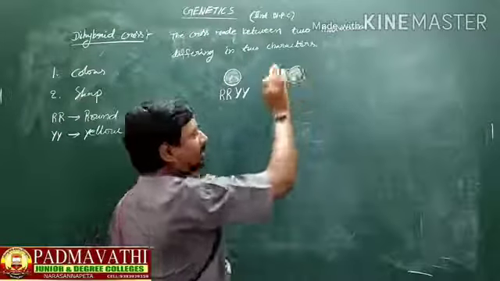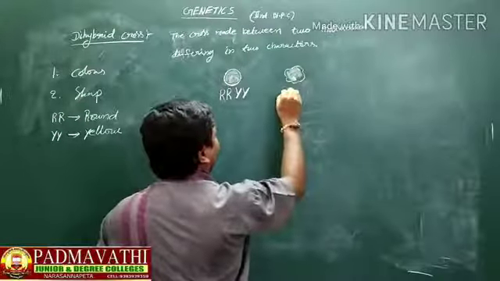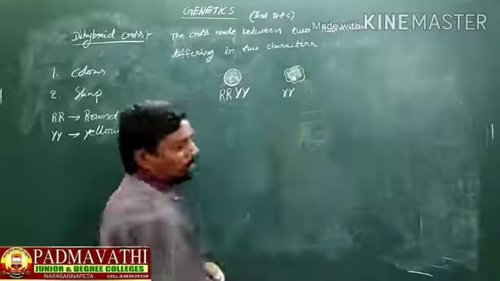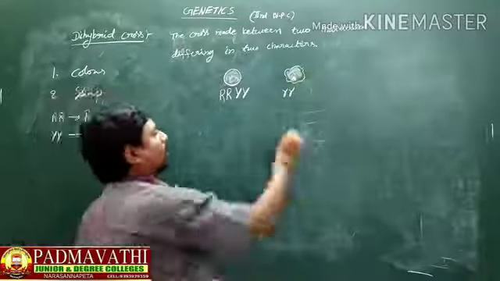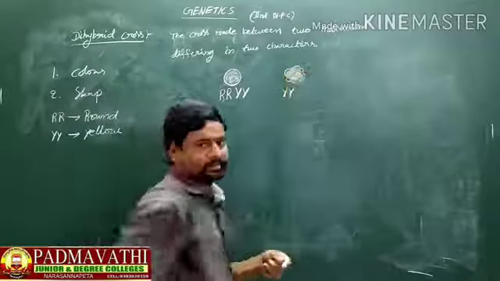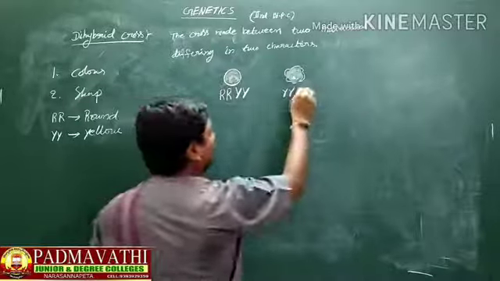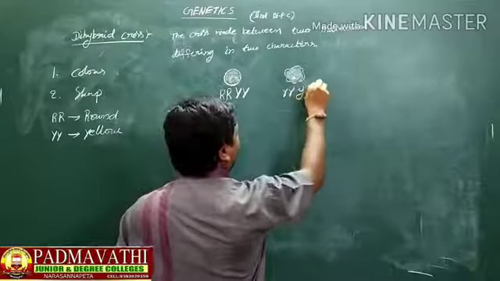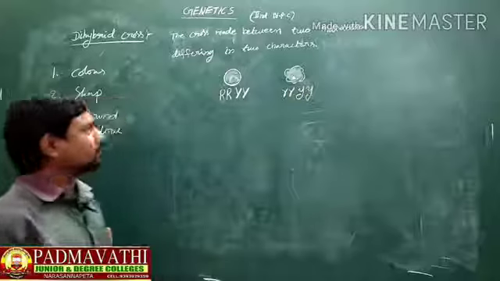Shape, wrinkled, is indicated by small r, and color, green, is indicated by small y and small y.